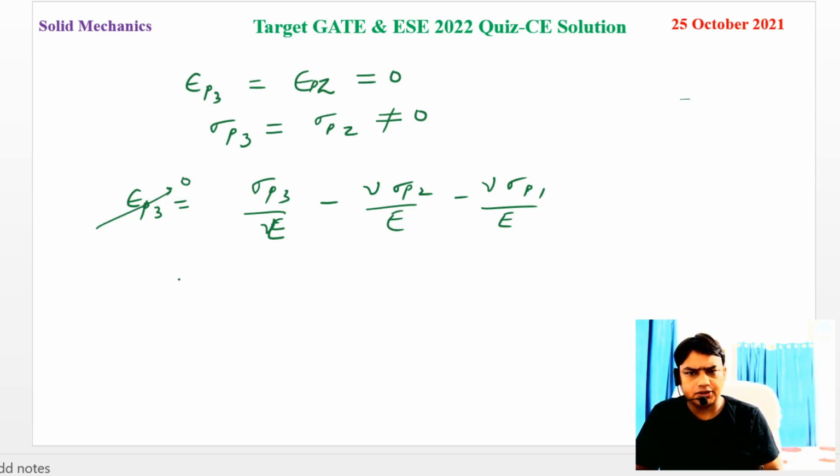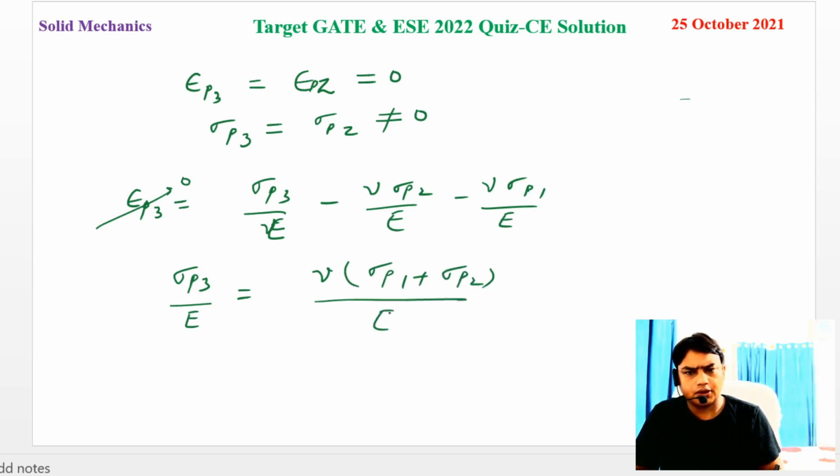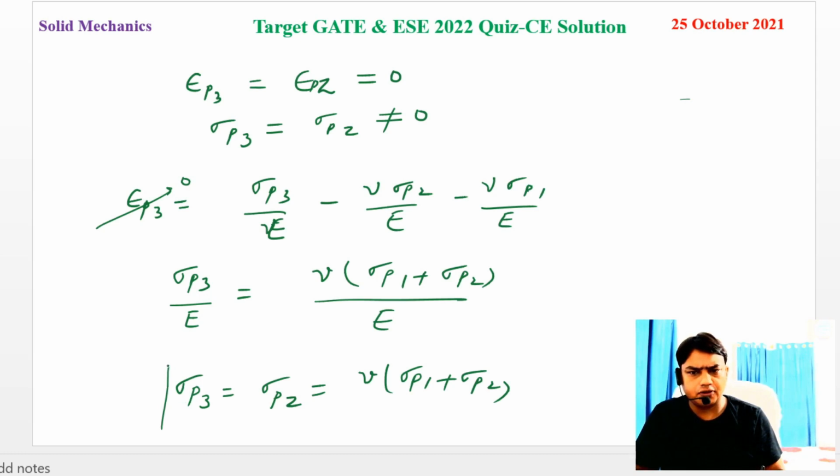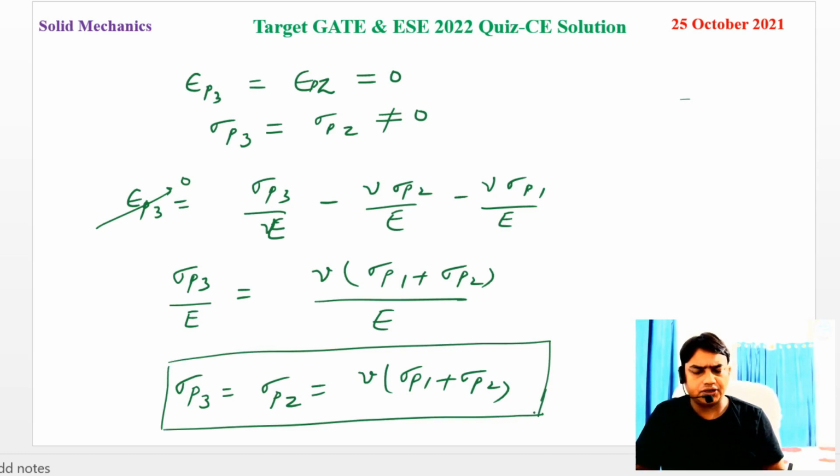So sigma z by E is equal to nu times (sigma x plus sigma y) by E. E cancels, so sigma z is equal to nu times (sigma x plus sigma y). This is the value of stress that will exist in plane strain condition.